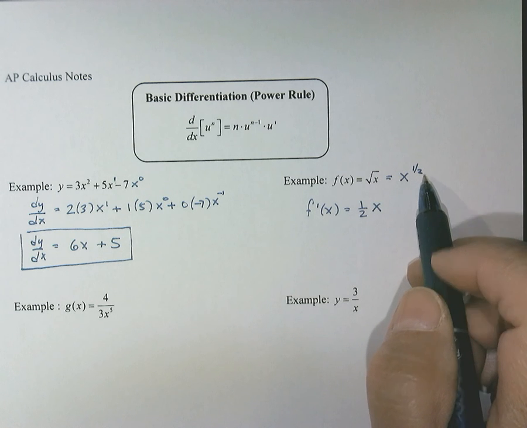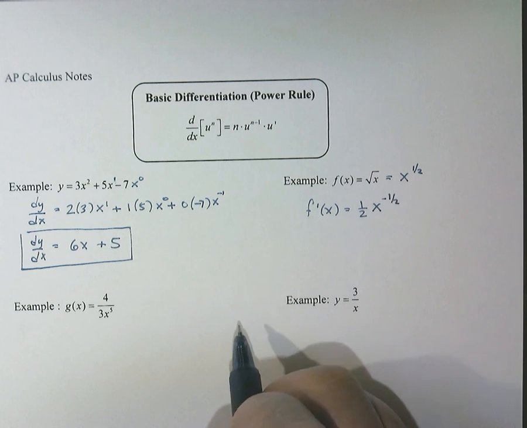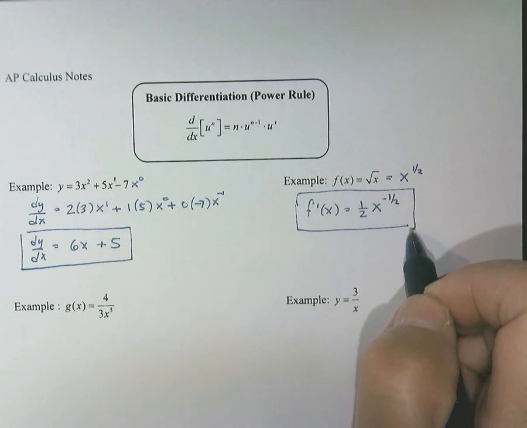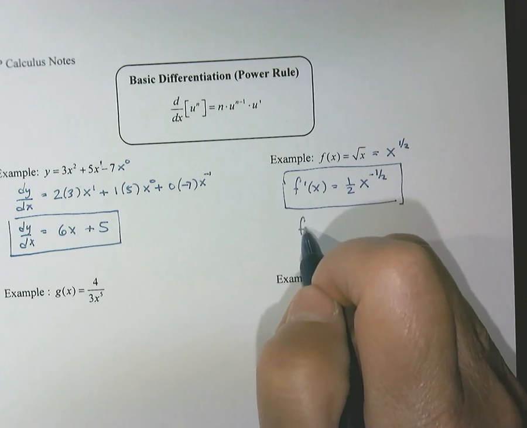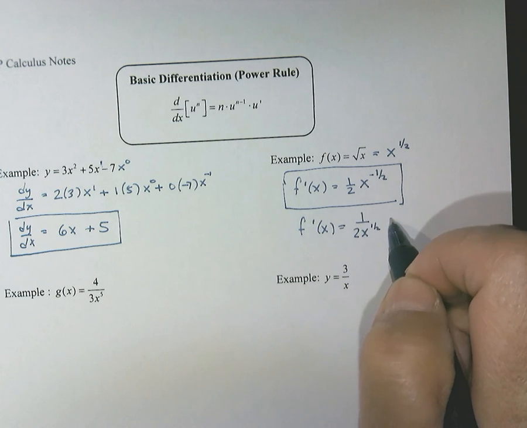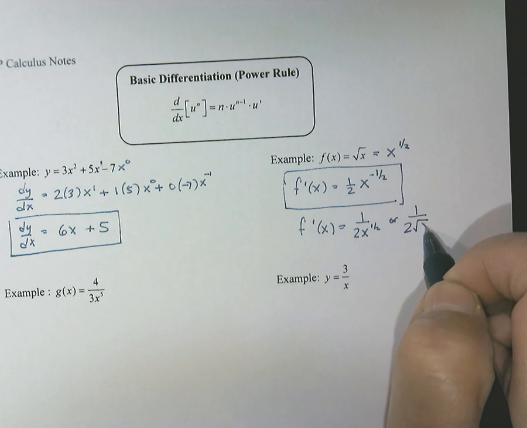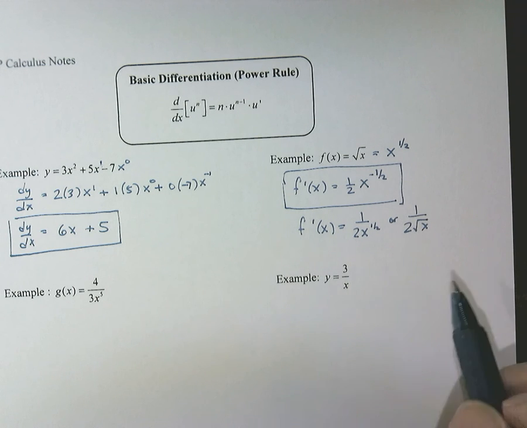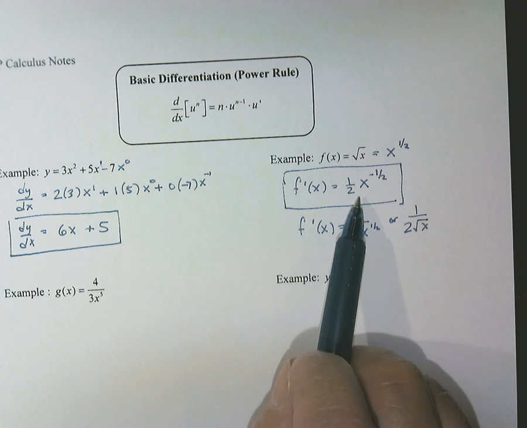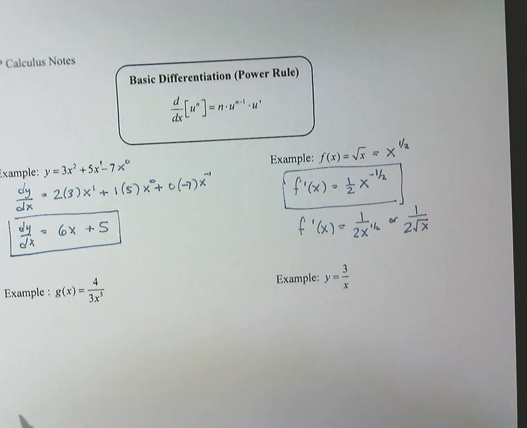So 1/2 minus 1 is negative 1/2. And there's nothing wrong with this. You can leave it like this. There's very, very many forms. You could find this as 1 over 2 x to the 1/2 power, or 1 over 2 square root of x. On a multiple choice test, you'd have to recognize the different forms. But for what we're doing, most of the times, it's easier to keep it like this.